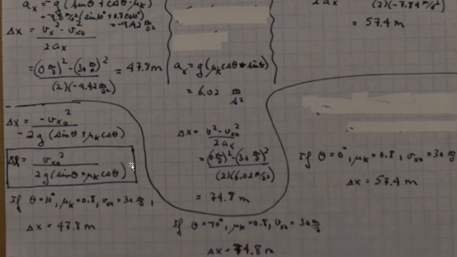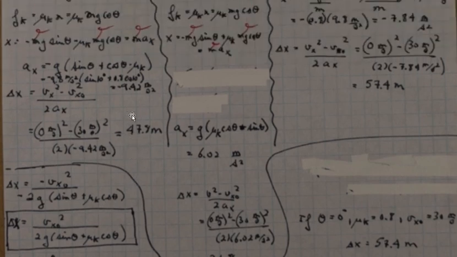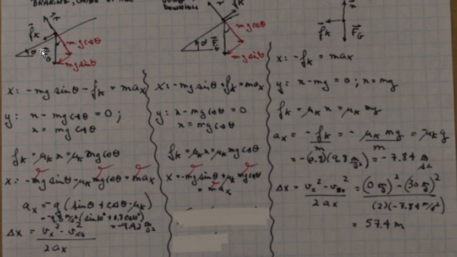Okay, so one neat thing about all of this is underneath here and over on the side, I do a general calculation where I leave theta open. Theta can be plus if we're going uphill. Theta can be minus if we're going downhill, or theta can be 0 if we're on the level.